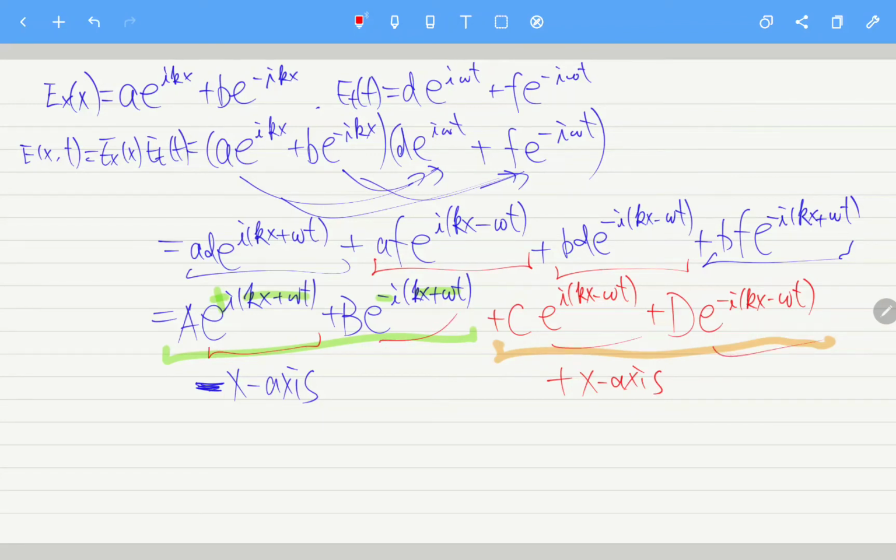If you still remember, exponential to j theta is cosine of theta plus j sine of theta. j is, i is square root of negative 1. Okay, so here we hope this whole thing to be a real function. So it should satisfy a condition like A equals B conjugate. This is the complex conjugate.